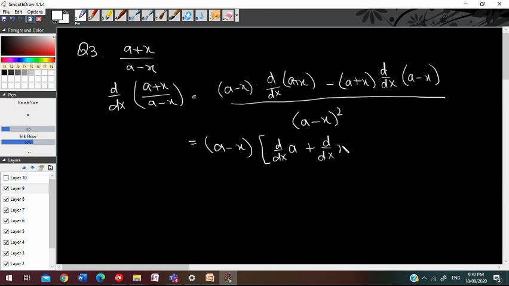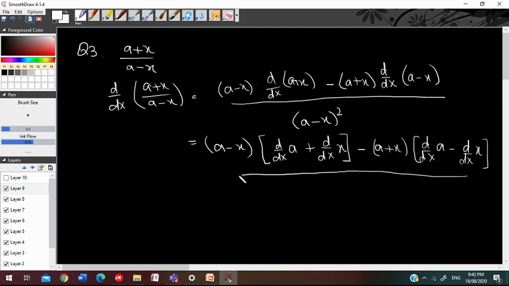of x minus (a + x) remains the same, and you apply this derivative on both terms inside. Now d by dx of this x, and the denominator's function remains the same. Now in (a - x), a is a constant number. So what happens when we differentiate this constant number with respect to x?